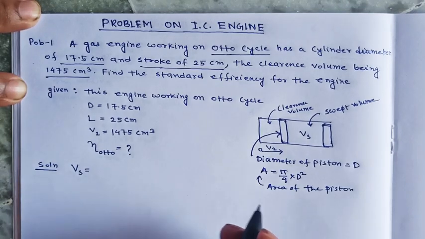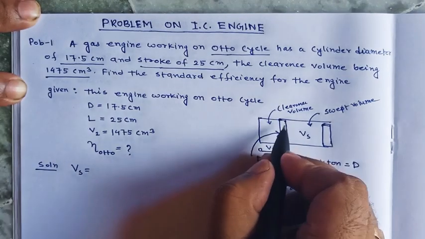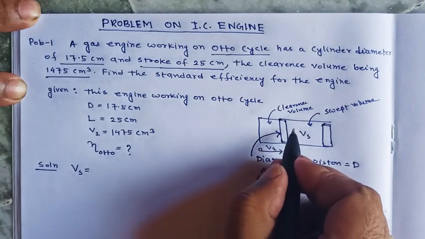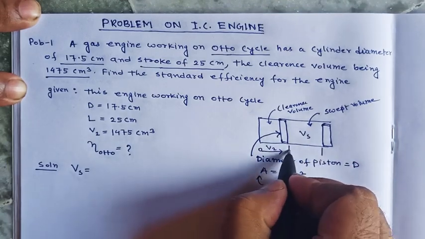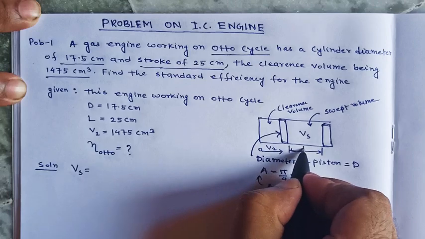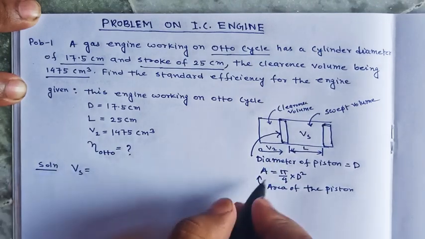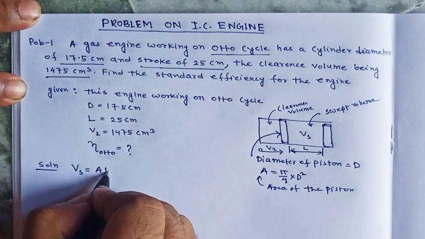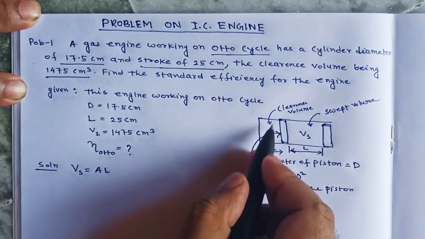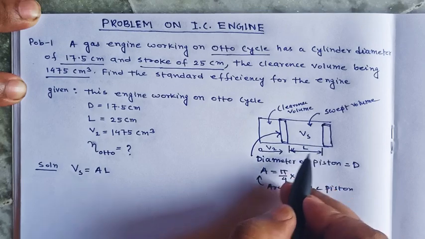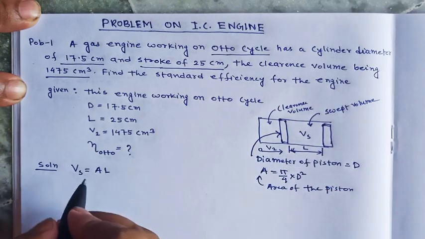So what is this swept volume? This volume will be area into this stroke length. Considering the stroke length is L, this will be A into L, area of the piston into stroke length.